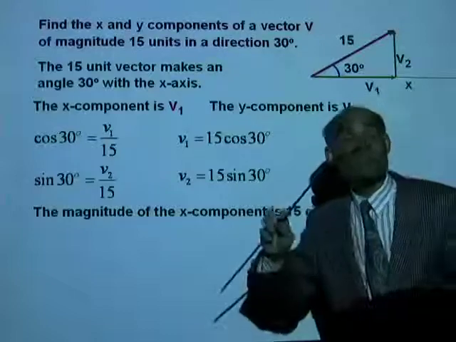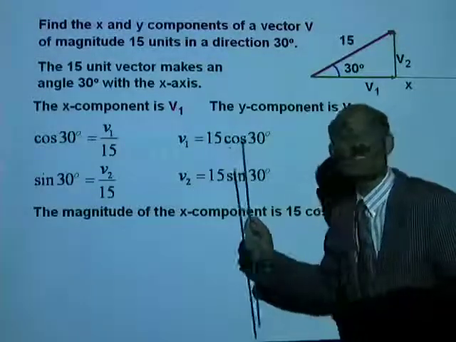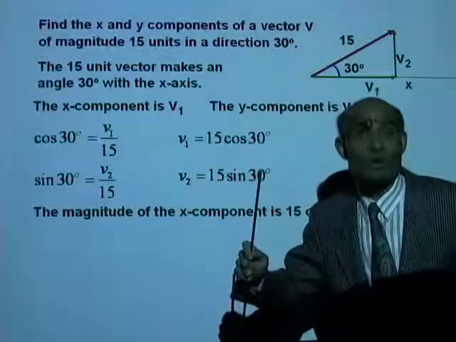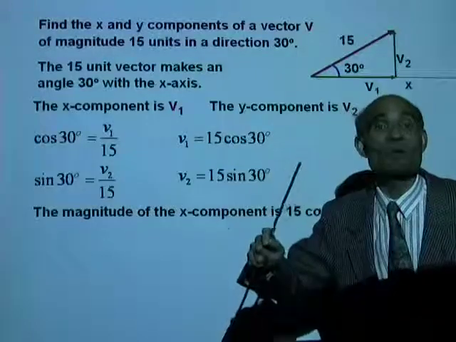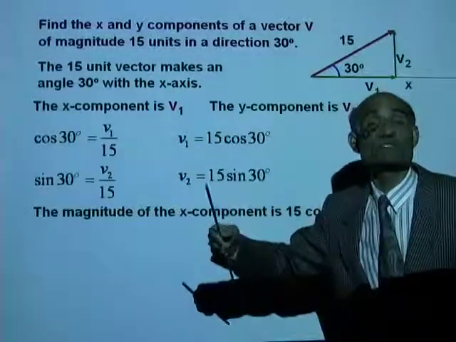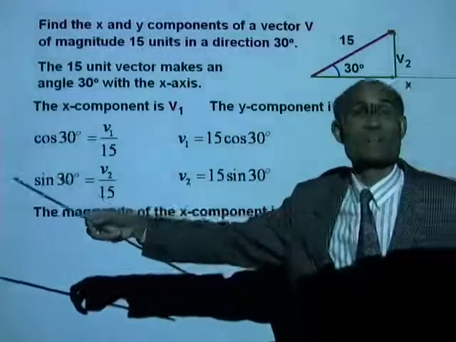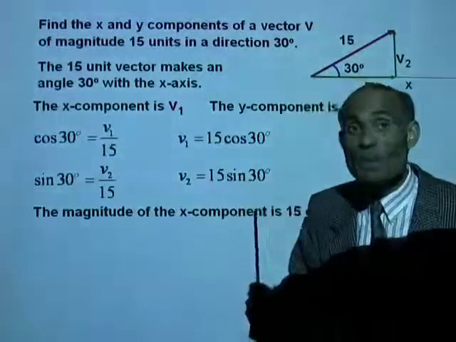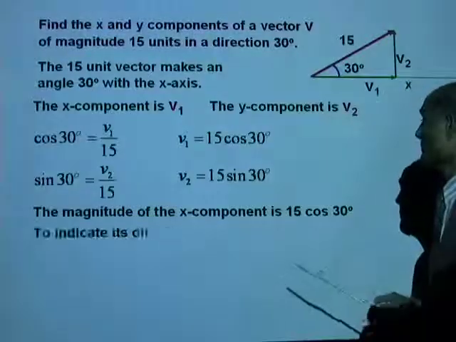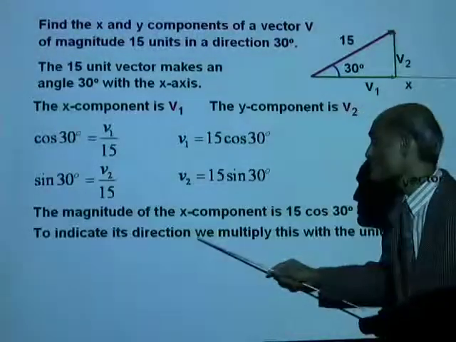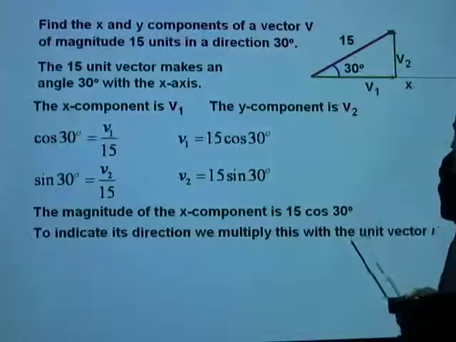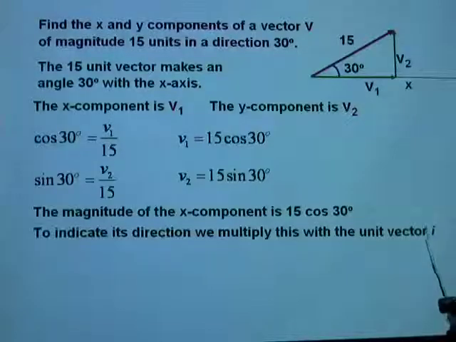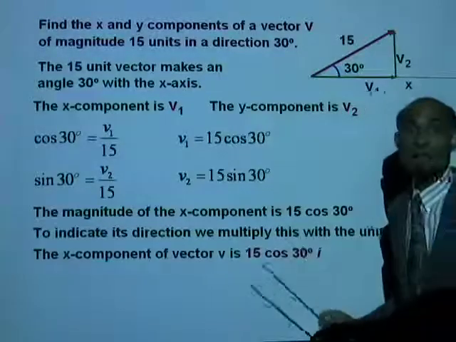Now this is the magnitude of the x component, 15 cos 30 degrees. If you want to specify that this is in the x direction, all you need to do is multiply it with the unit vector in the x direction. What is the unit vector in the x direction? The lowercase i. Alright, to indicate its direction, we multiply this with the unit vector i.